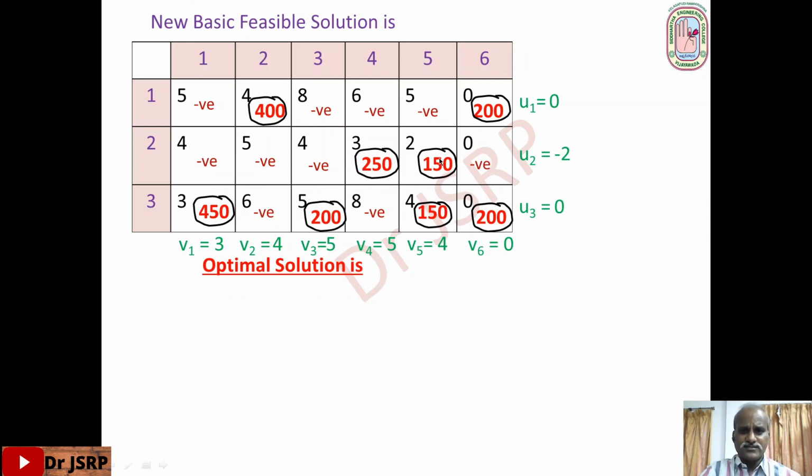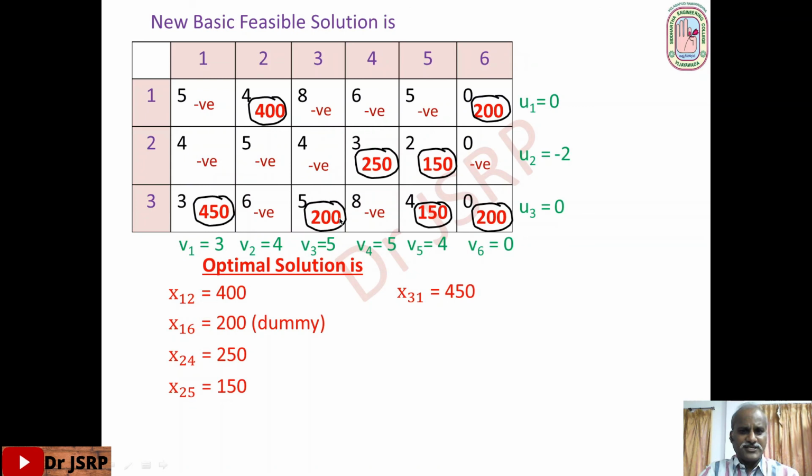So the optimal solution is: write the basic cells, that is x12 equal 400. Next, x16 equal 200. Next, x24 equal 250. x25 equal 150. Next, x31 equal 450.